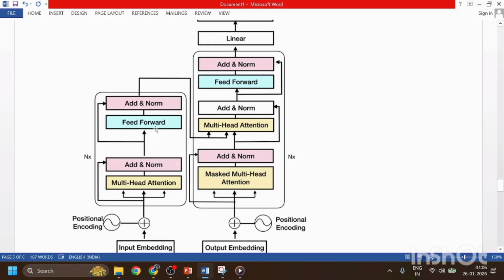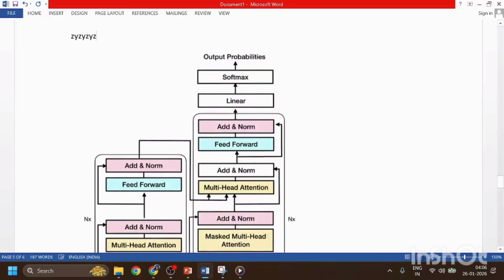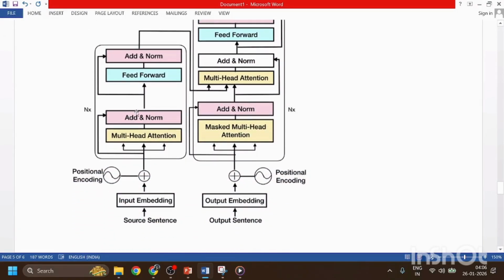The same network, same weights, are applied to every token. After the feed forward network, we again apply add and normalize. This completes one encoder layer.